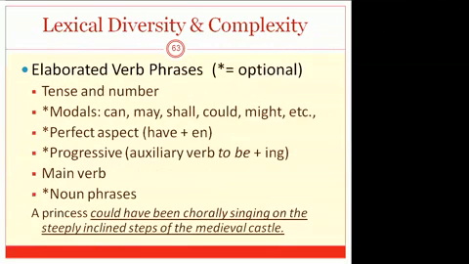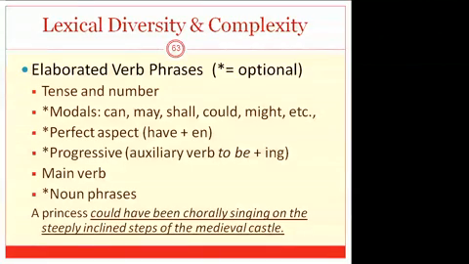Similarly, when students are using elaborated verb phrases, you will want to look for the diversity and complexity of the words that the student elects to use in that verb phrase. For instance, a princess could have been chorally singing on the steeply inclined steps of the medieval castle.